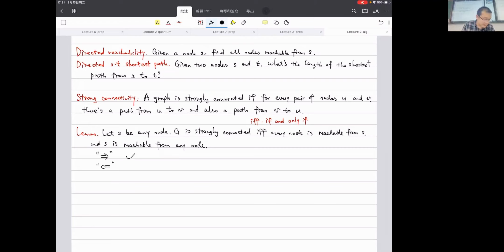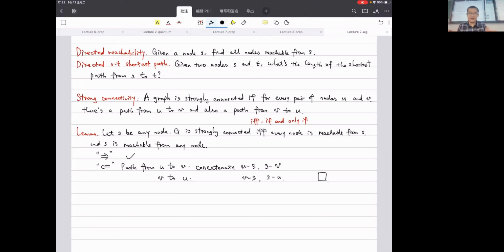For the other, assume you have such an S, and you want a path from U to V. You just concatenate U to S, because from U you can reach S, and from S you can reach V. On the other hand, from V to U, you just concatenate V to S to U. Here we allow overlaps between paths.